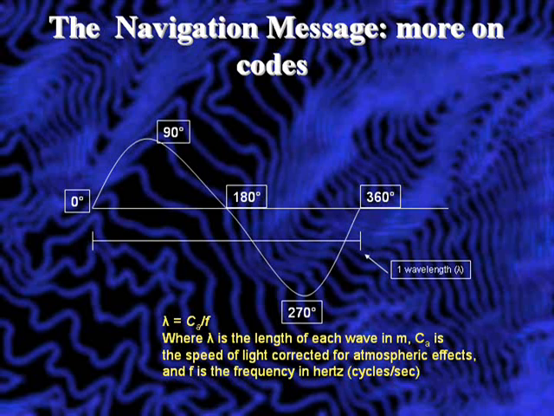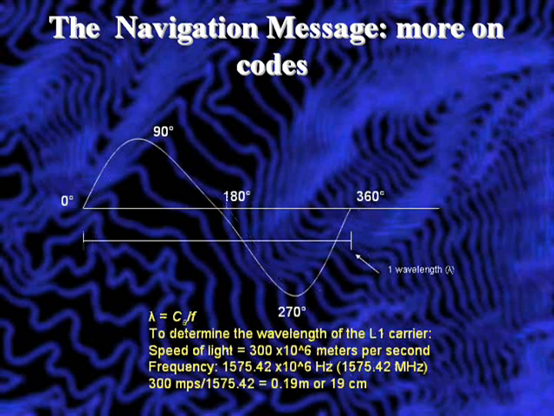So what does that tell us? Let's take a look at the L1 carrier wave. We know, for example, that the speed of light is approximately 300 times 10 to the power of 6 meters per second. Then the frequency is about 1500 megahertz, as you have already heard before.